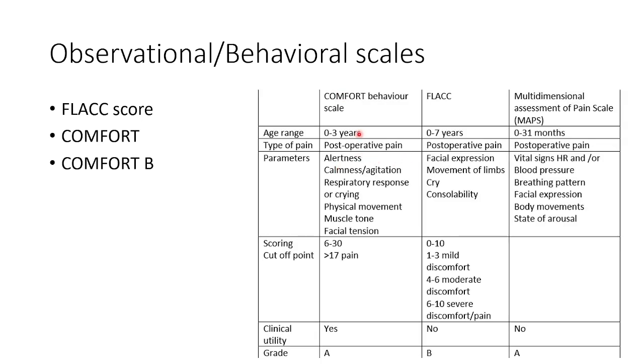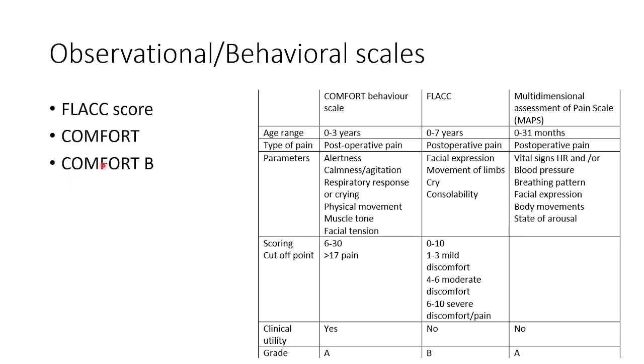You can see that the COMFORT behavioral scale has a fair bit of physiological parameters like alertness, calmness, agitation, respiratory response, physical movement. The FLACC scale is better for assessing pain, whereas the COMFORT behavioral scale is slightly more suitable for assessing sedation. Both of these scores, the FLACC score and the COMFORT-B score, have excellent validity and reliability in children.